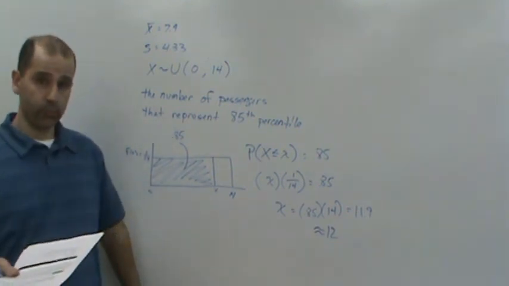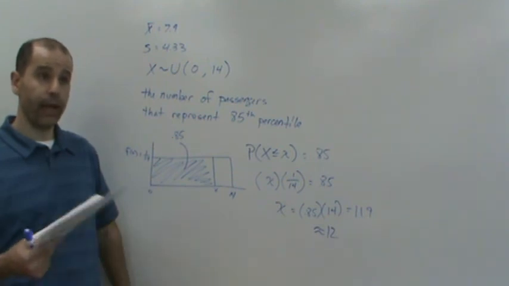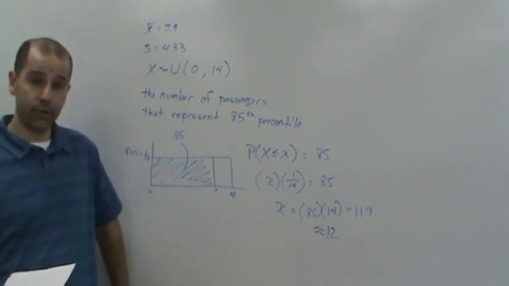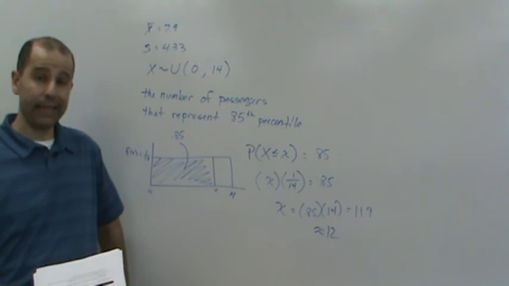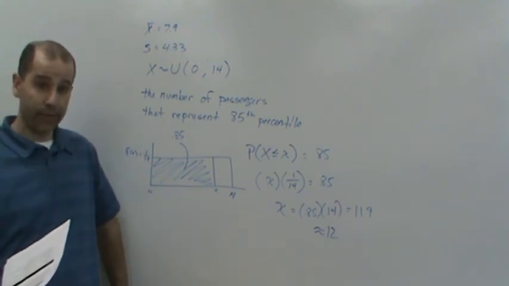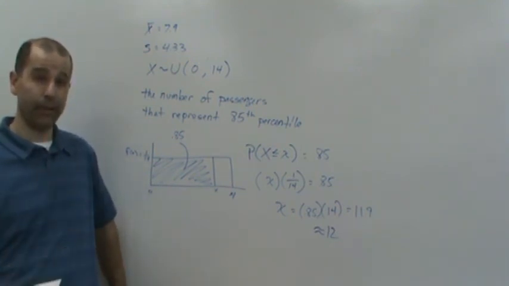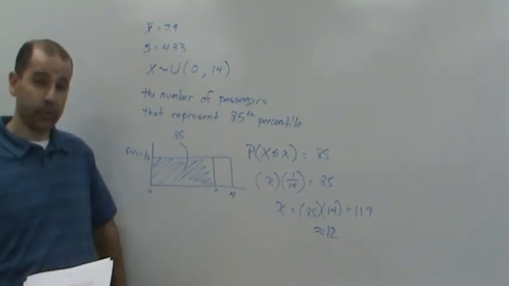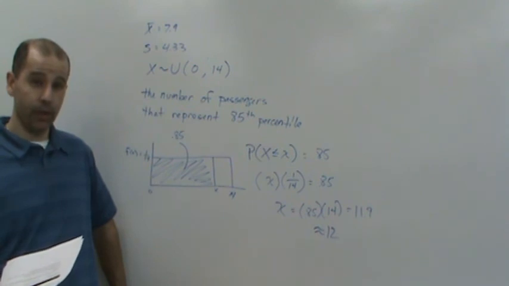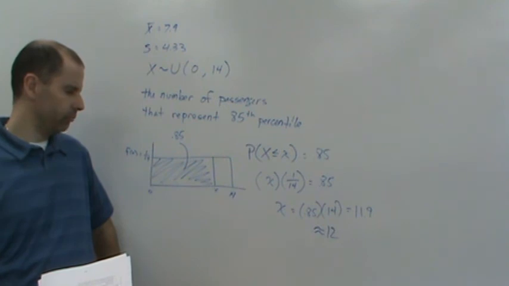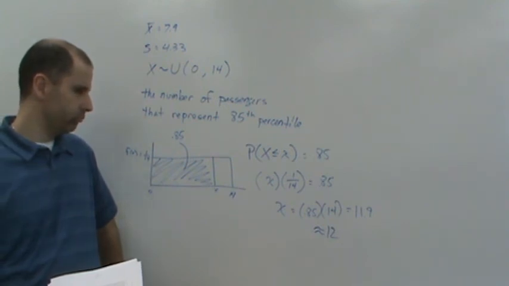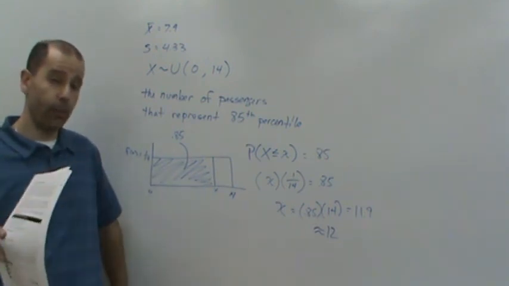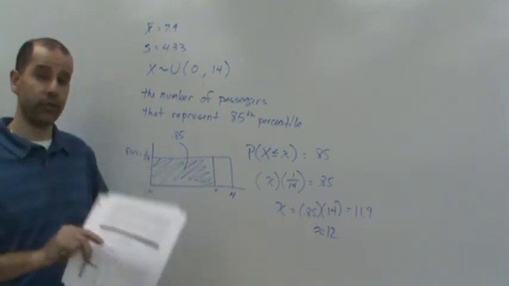So if a charter has 12 passengers on the ship, it means that number of passengers represents the 85th percentile, because if we look at all charter ships, 85% of all charter ships are going to have 12 passengers or less.